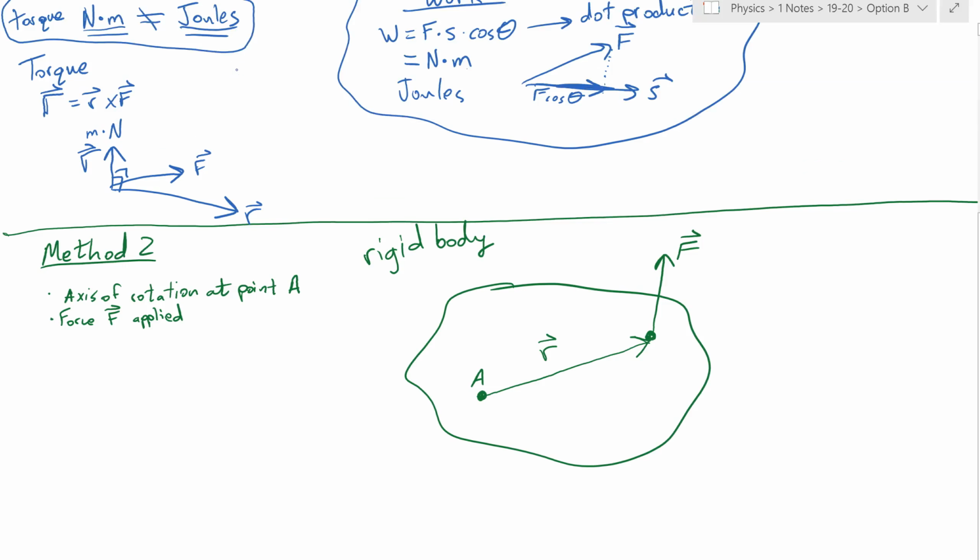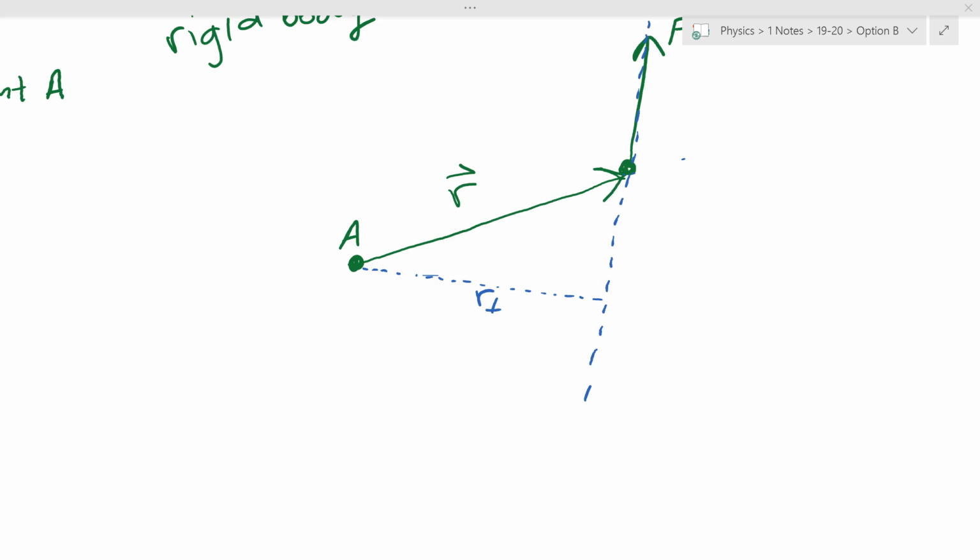So instead what we're going to do is look at the force and find a line that force lies on. That line is called the line of action for that force. Then find the shortest distance between the axis of rotation and the line of action of that force.